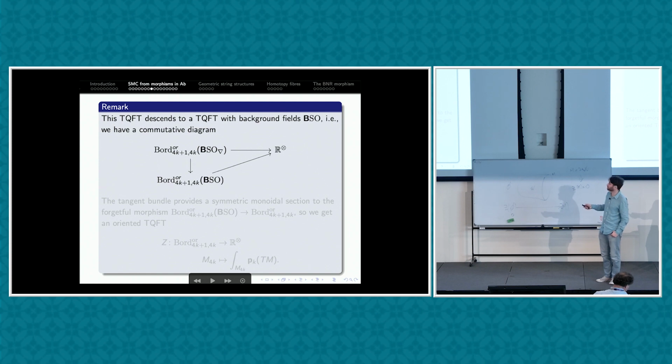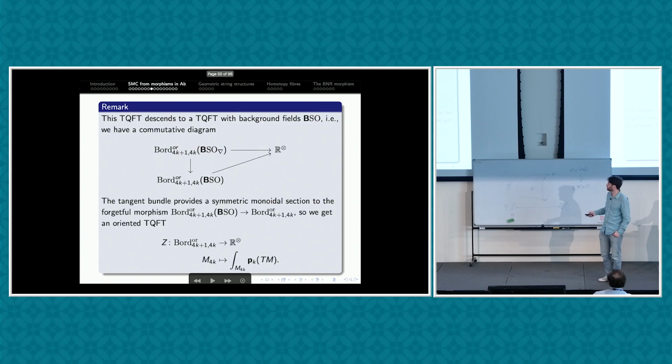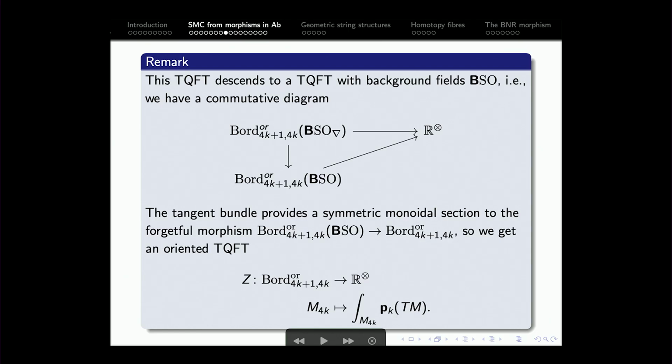And as everyone knows, the characteristic number does not see the connection. So this factors down to a theory that starts from here. And finally, if I take a manifold, I can take the tangent bundle. That is a section of the forgetful morphism. And so in the end, I get a theory that starts just from 4k+1 dimensional oriented bordism and goes to R. And what is this? I take a manifold and I take the integral of some characteristic number.